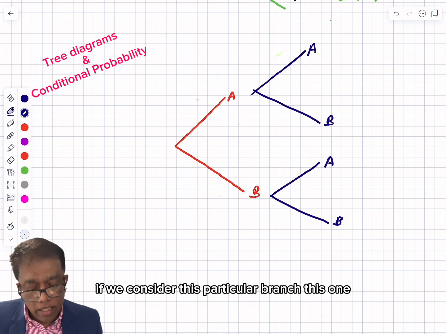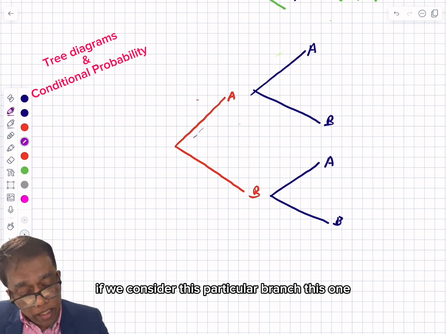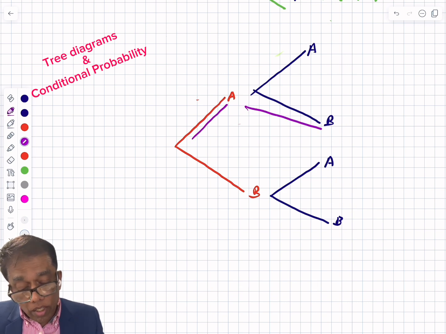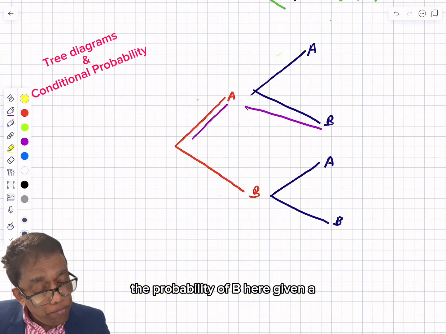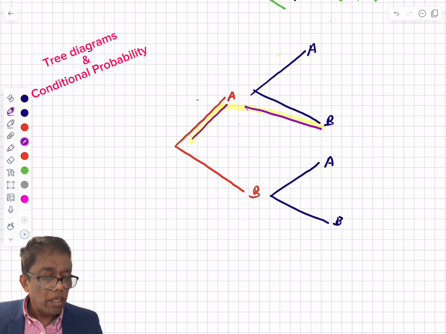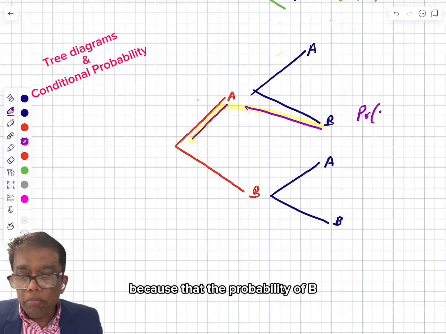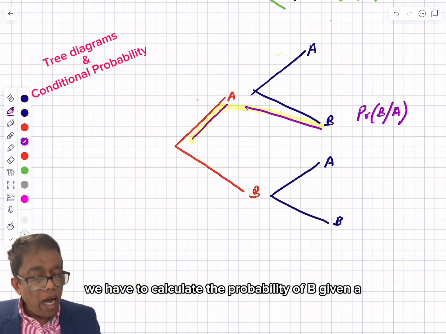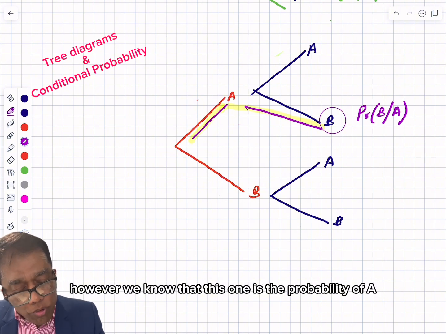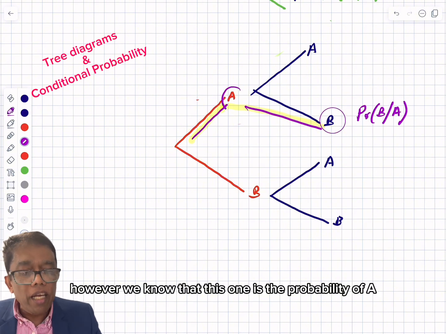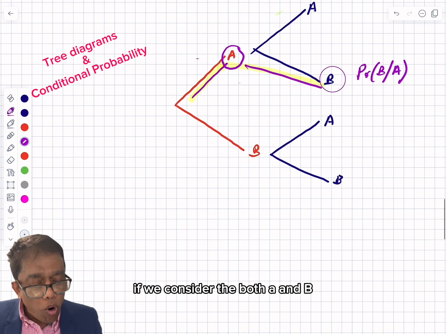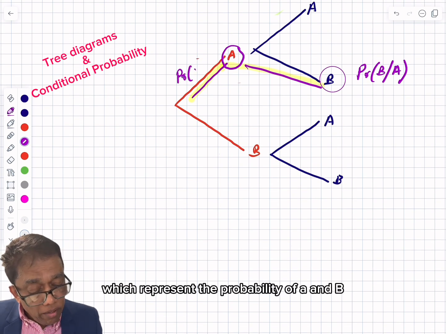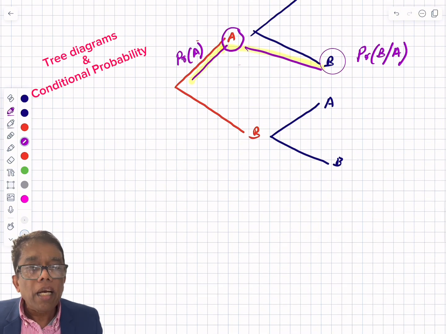If we consider this particular branch, the probability of B here is the probability of B given A. However, we know that this one is the probability of A. If we consider both A and B, it represents the probability of A and B.